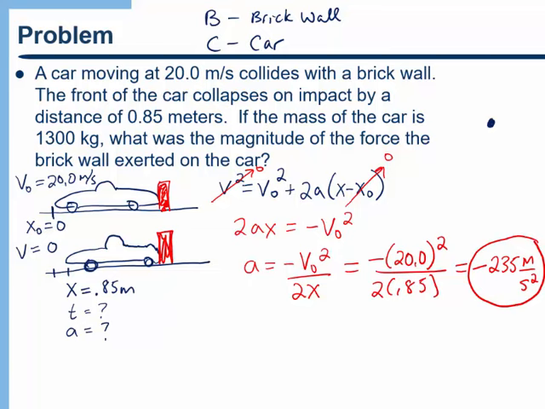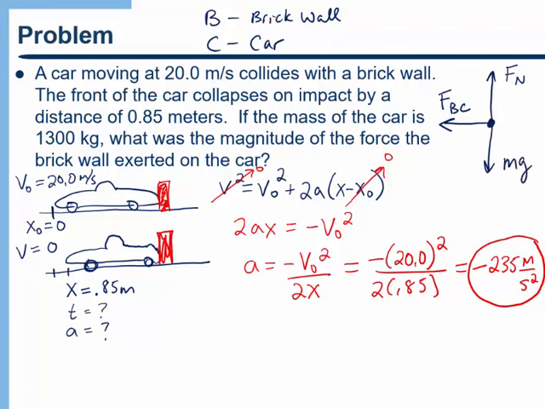They didn't see the brick wall, so they didn't even apply their brakes. The only force acting in the x direction is just the force that the brick wall exerts on the car. And obviously the force that the brick wall exerts on the car is to the left on the car. And of course the car is exerting a force on the brick wall to the right. The only other forces that we have here are the normal force and the weight of the car.